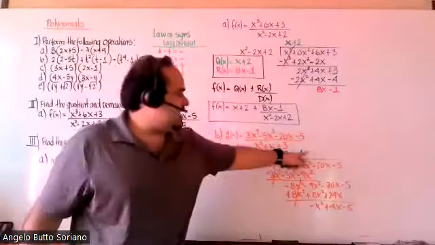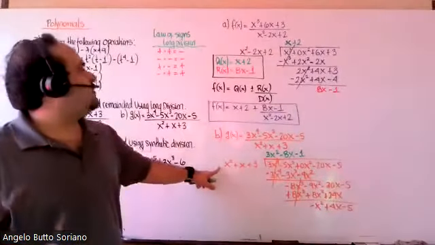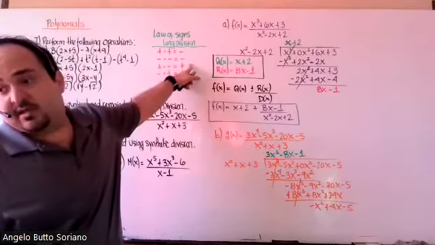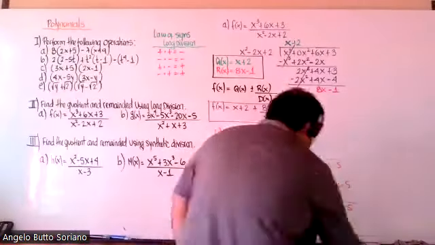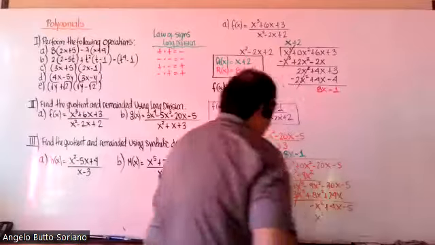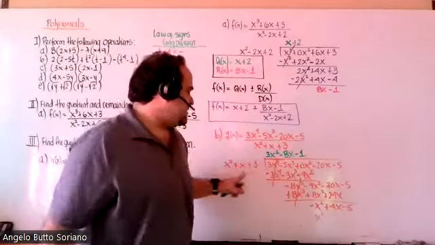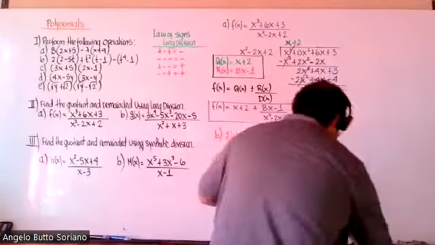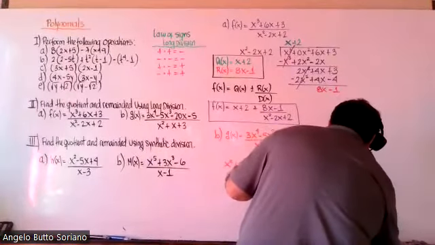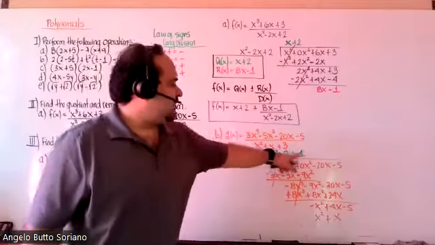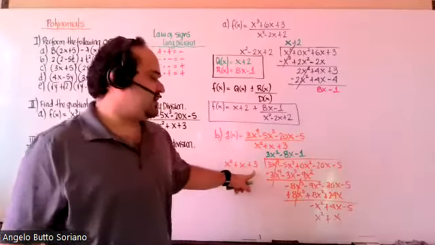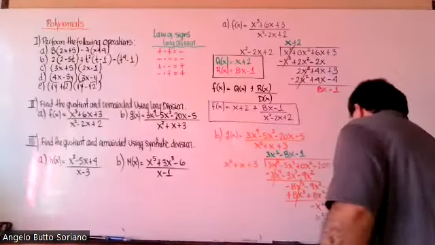So negative times positive is negative, but this time will be positive according to the law of signs and the law of division. We have x squared. Again, negative times positive is negative, but this time will be positive. Positive what? x. And finally, negative times positive is negative, but this time will be positive.